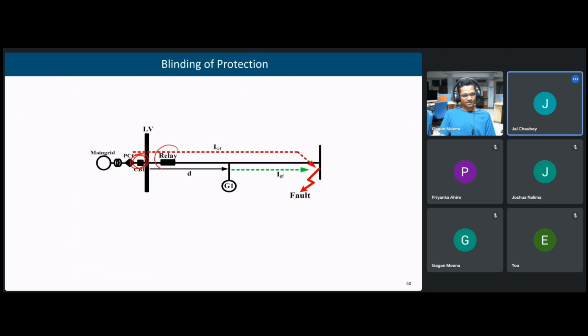One relay is unable to see the fault because, suppose this generator is not there, so what will happen? This fault current is the same as what is fed by the main grid.